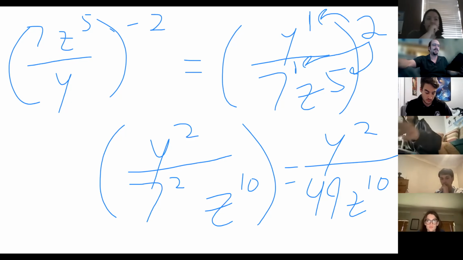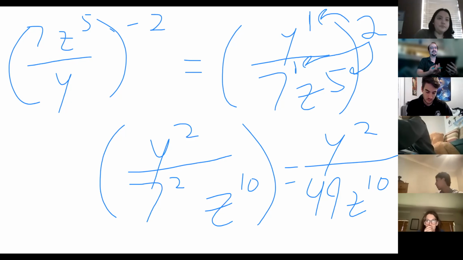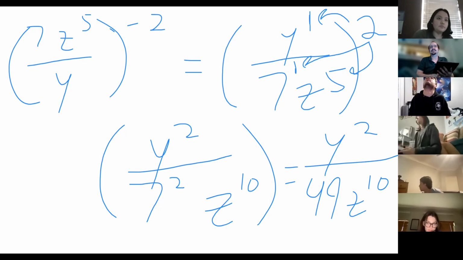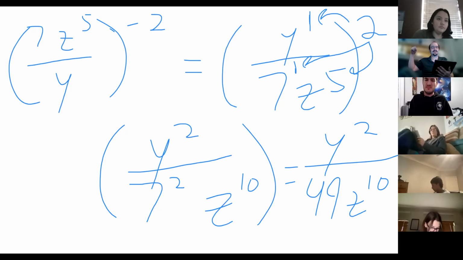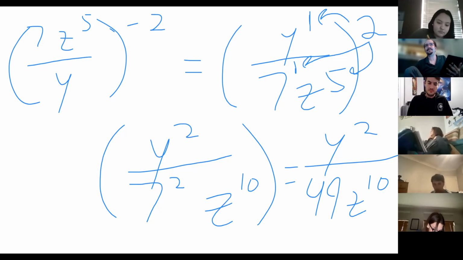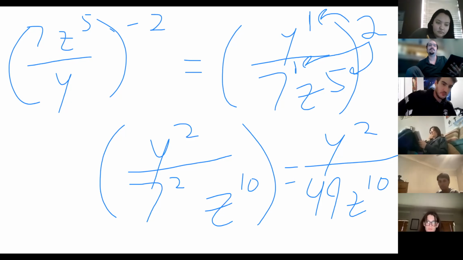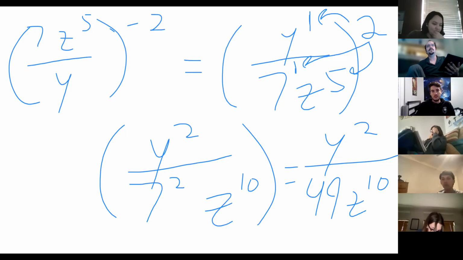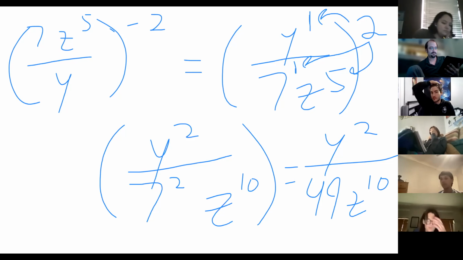I think one of the more common things is people try to multiply 2 times 7 instead of getting 7 to the second. Questions about this one? I'm just trying to double check because I want to make sure I'm saying it right. What I'm supposed to do is multiply the exponent to the other exponents, right?